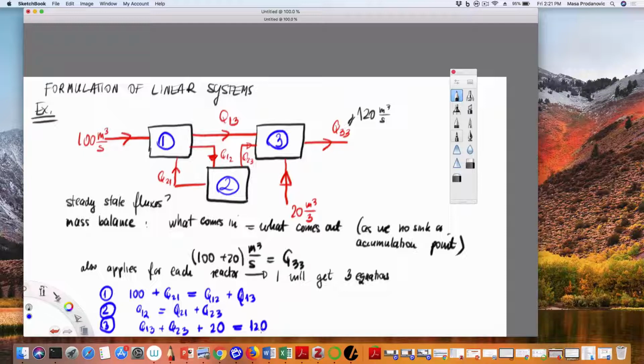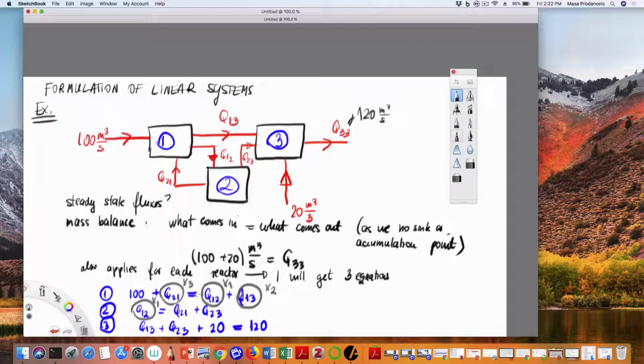Now, how many unknowns do I have? Let's go with the ordering. We can call them something that we are more familiar with. Let's call this one x1. So I'm going to order them in order. Q12 will be x1. Q23 will be x2. Then Q21 will be x3.